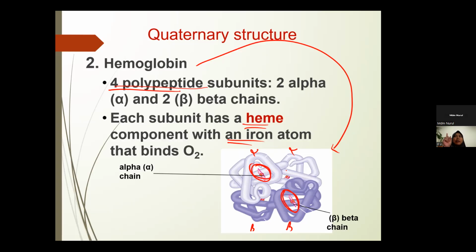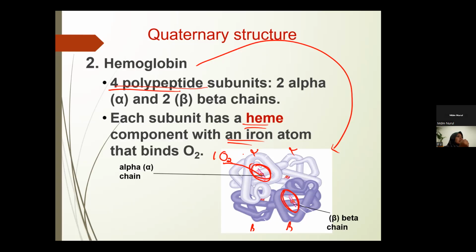Okay, tambahan maklumat sebab nanti kita akan belajar tapi Madam bagi tahu siap-siap. Okay. Every subunit has heme group and ion that bind to oxygen molecule. So, satu heme group dan ion ni boleh bawa satu molekul oksigen. Dia boleh pegang satu molekul oksigen.